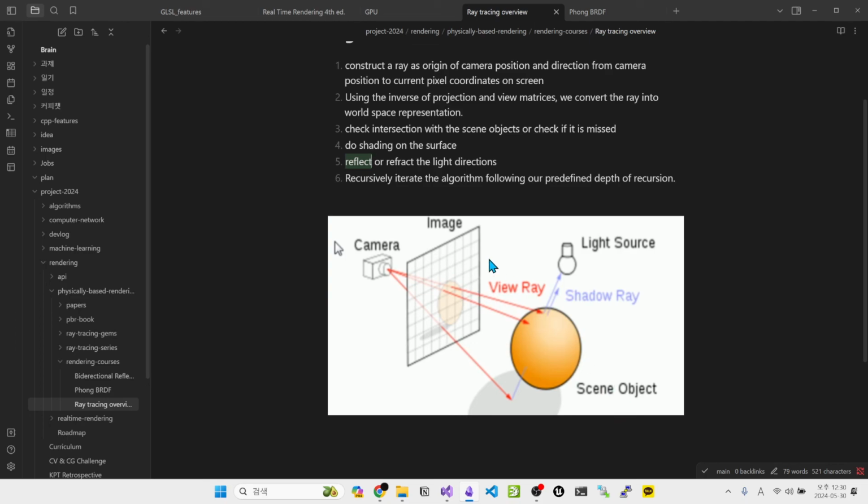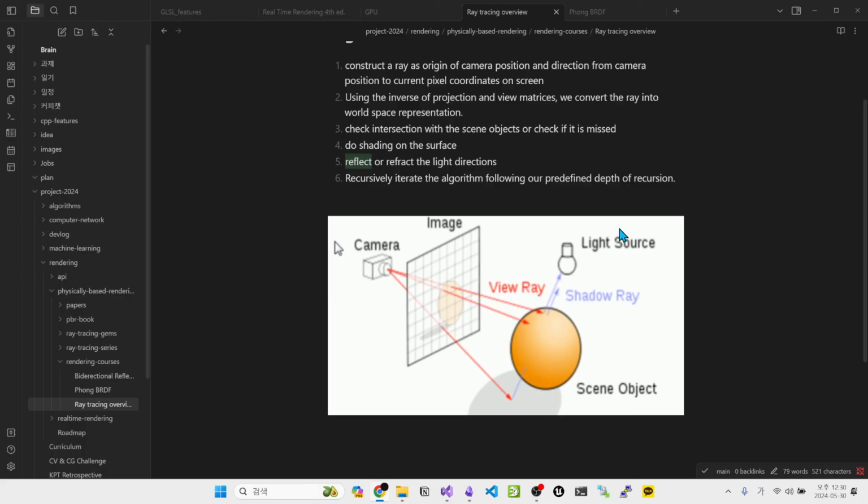But if it is some opaque object, it will reflect the light to the light sources or the other objects in the scene. And we recursively iterate this algorithm following our predefined depth of recursion.